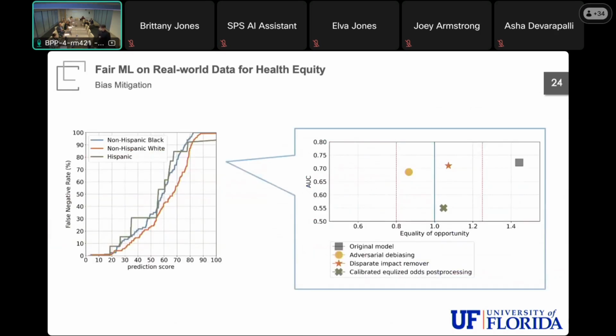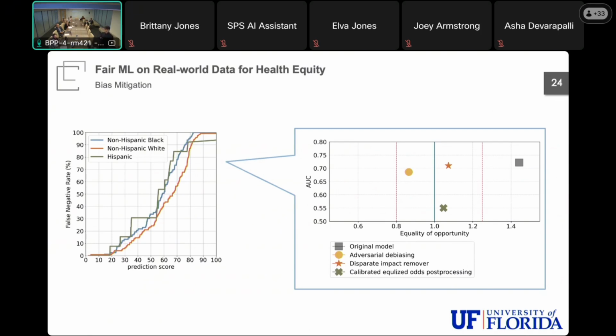And in the last experiment, we test if bias exists in these models. On the left figure, I showed the false negative rate curves between the non-Hispanic Black, white, and Hispanic groups, and it's obvious that there's a bias between these three groups.